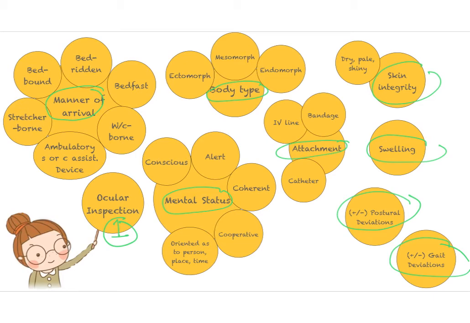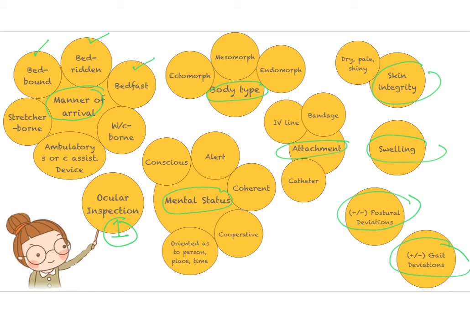Okay, so under manner of arrival, you have bedbound. Bedbound meaning your patient is restricted to the bed because of attachments. Okay, for bedridden, the patient is restricted on the bed because of the medical condition.